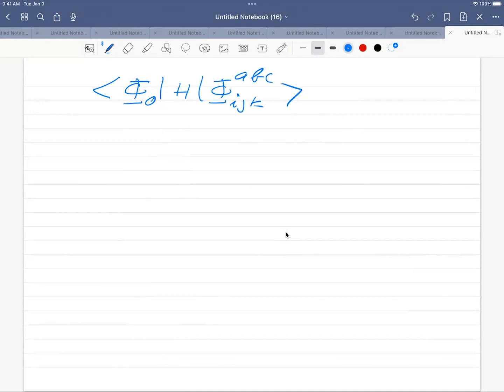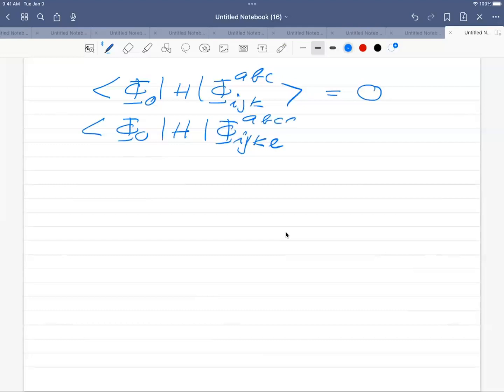Because we have only a 2-body interaction. So this is our famous round number, 0. And then we have phi 0 of H and phi ijkl, abcd, which is our 4 particle, 4 hole state. And that also has to be equal to 0 because we have only a 2-particle interaction.